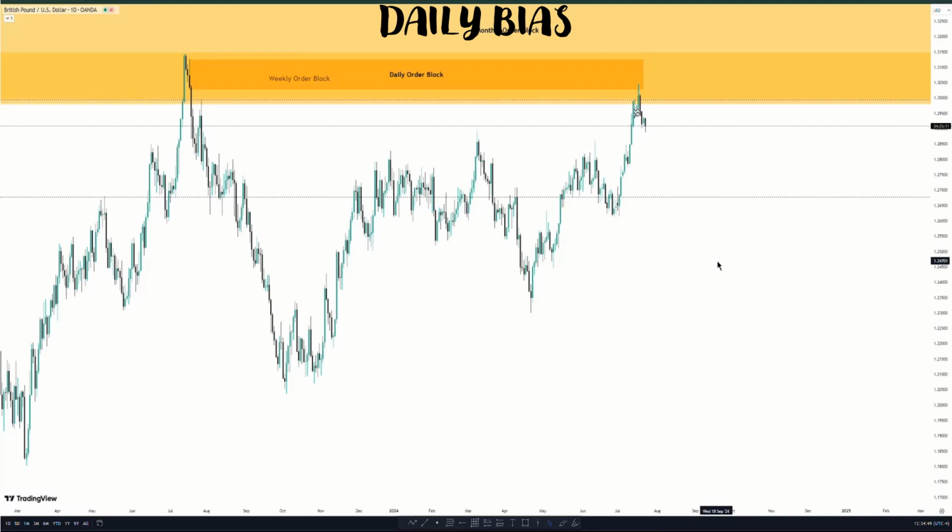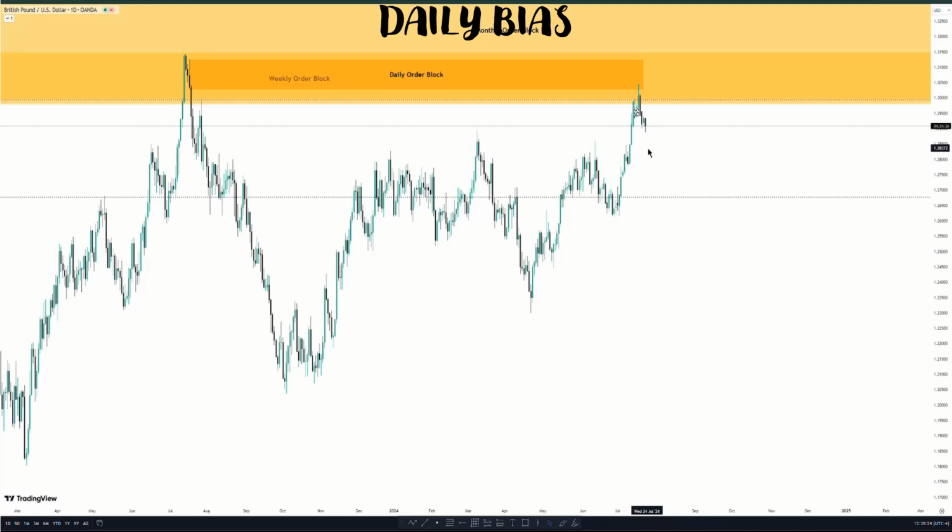Now, when it comes to the daily chart, this is not the only thing that you need to be marking. The reason I was marking the weekly chart or the monthly chart, just the order block alone like that, is because those are way bigger. You need those two to know where the market is coming from, so that when the market has reached a stage like this one here, you know your limits.